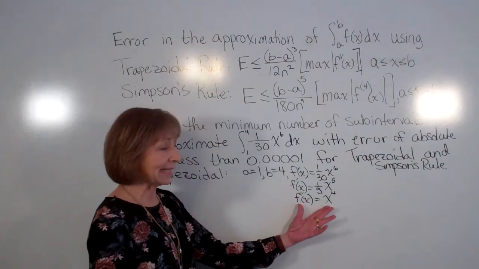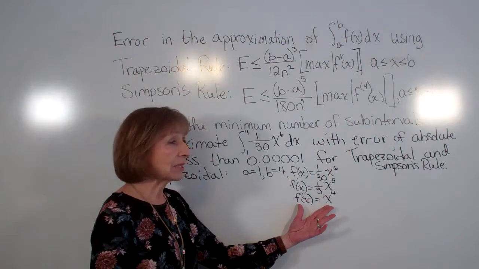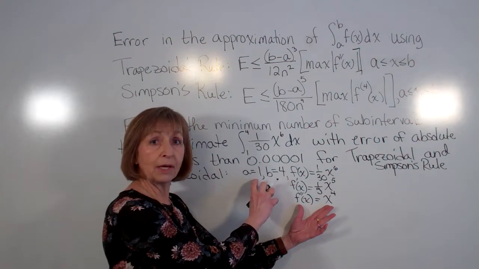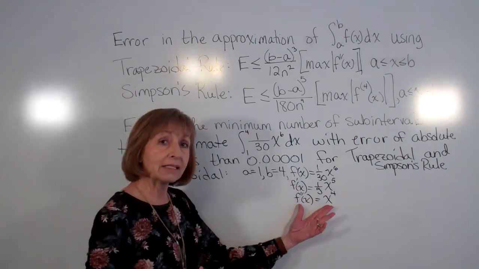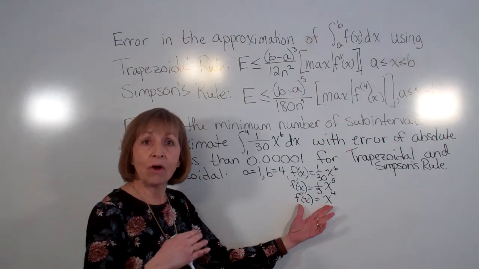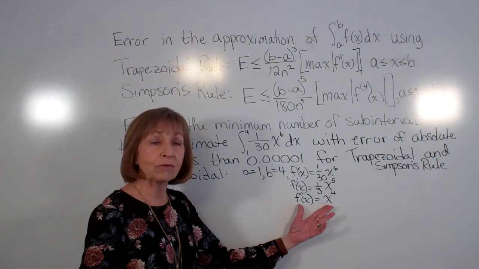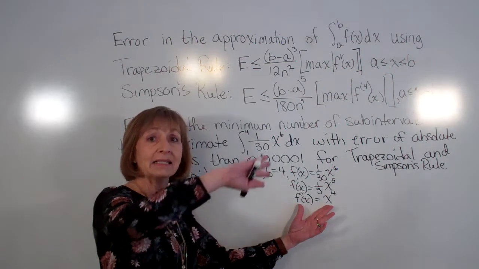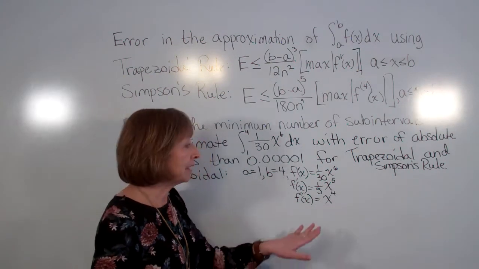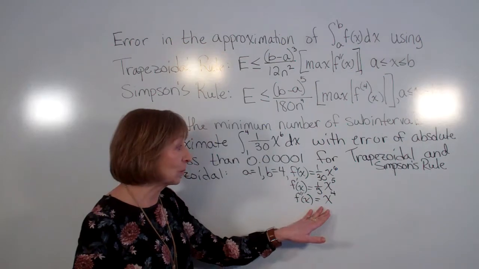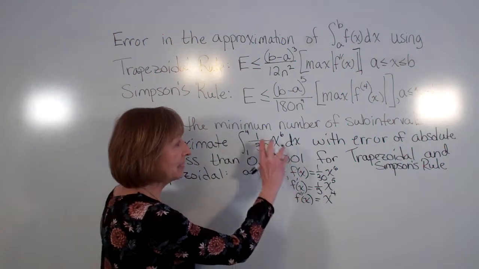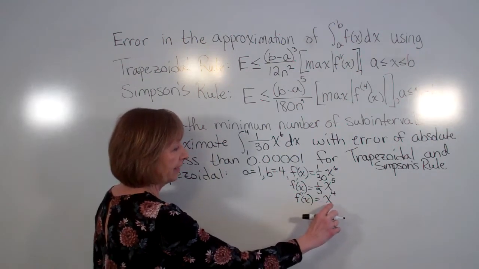So that's my second derivative. Now when you think about x to the 4th over the interval from 1 to 4, that is always increasing over that interval, and it's positive. The greatest value the absolute value is going to have on that interval is at its right endpoint for this particular second derivative.